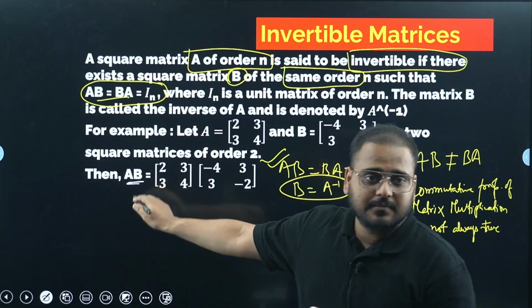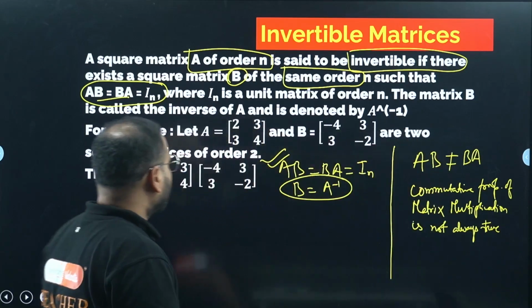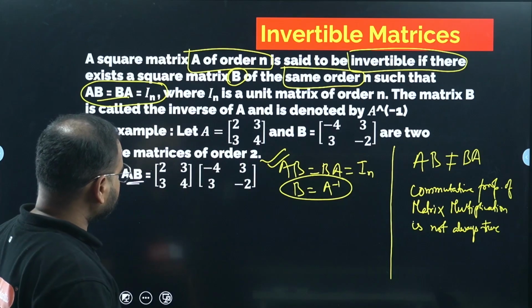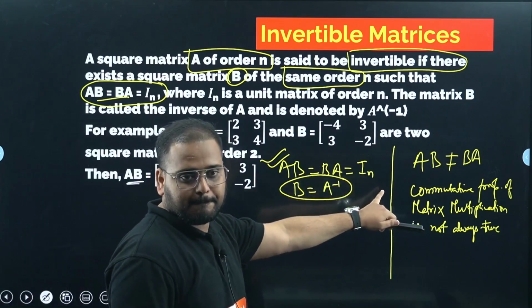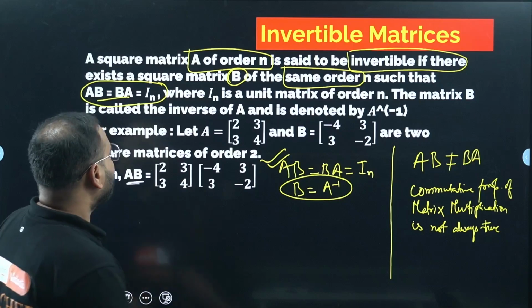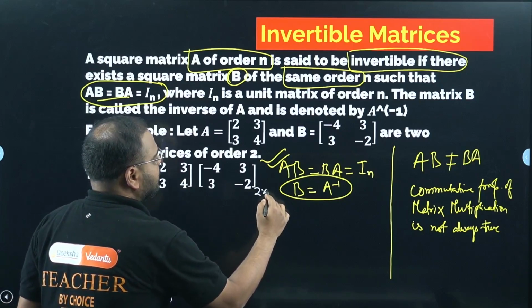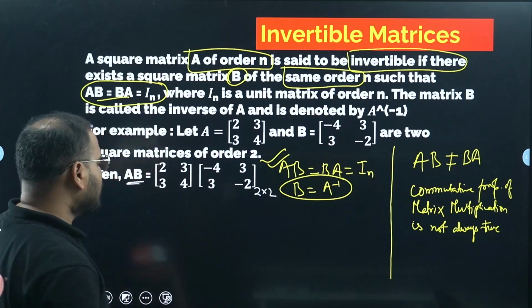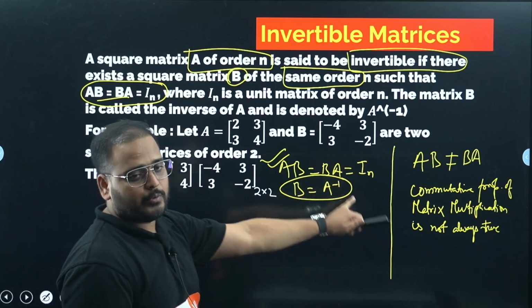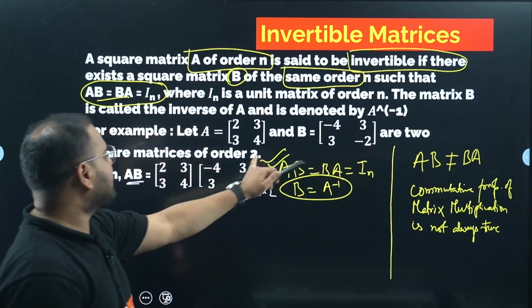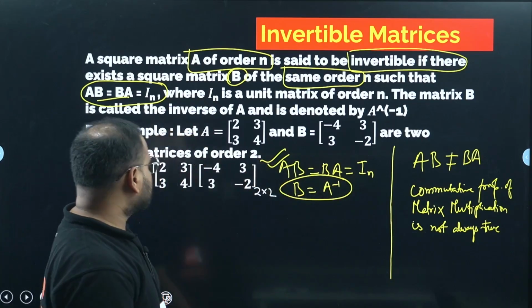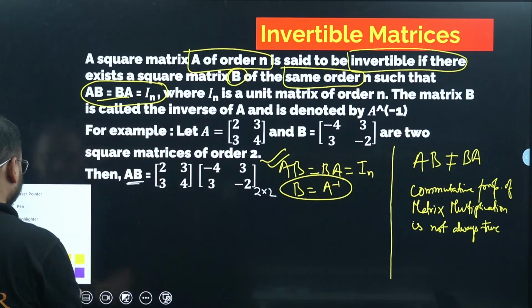If I can get AB equal to I_n, meaning I_2 in this case, because the order is 2 cross 2, then I can say that the inverse will exist.